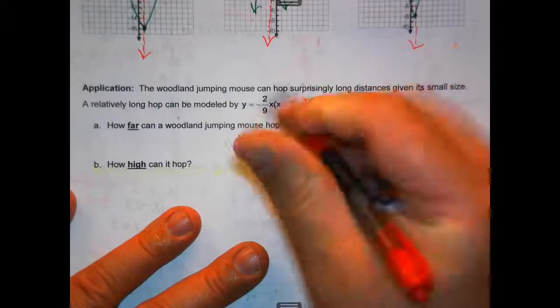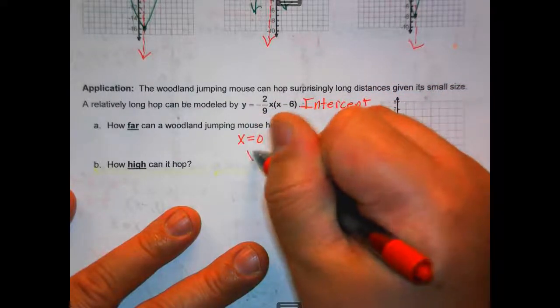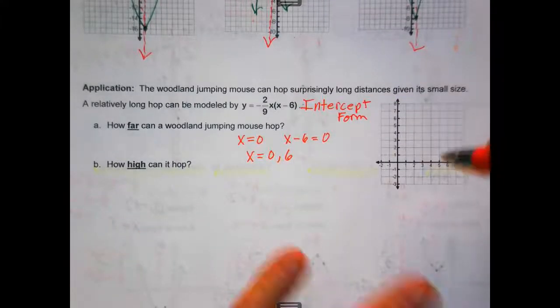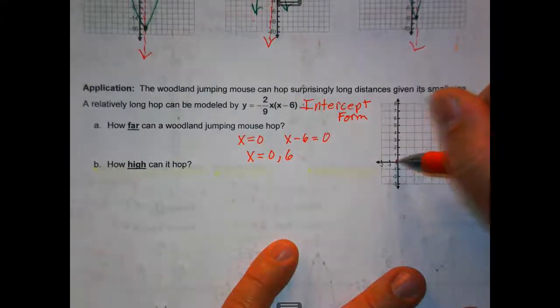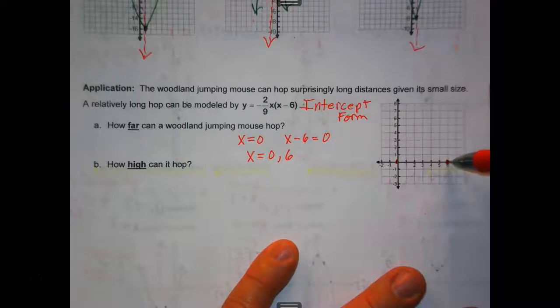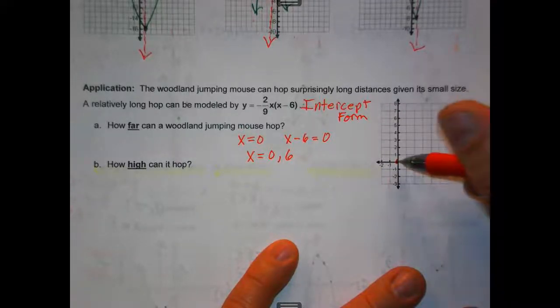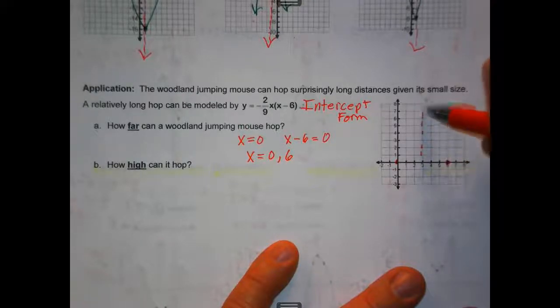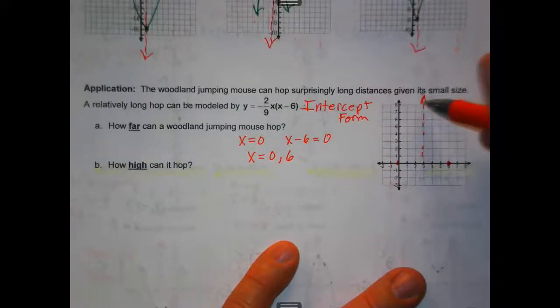So what are my x-intercepts? 0 and positive 6. My axis of symmetry: 6 divided by 2 is 3. Go back 3. Axis of symmetry, x equals 3.